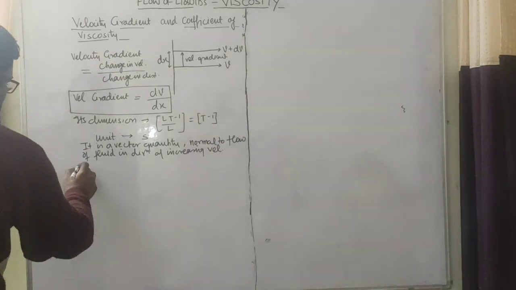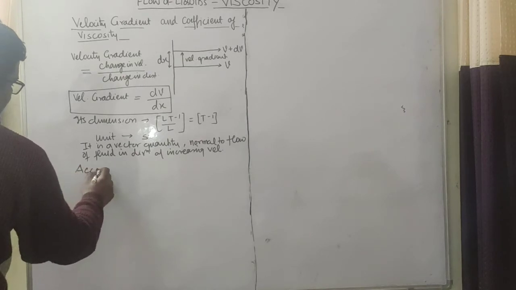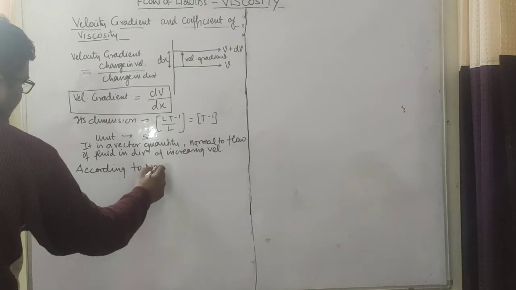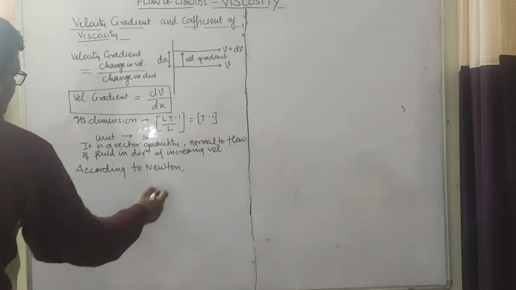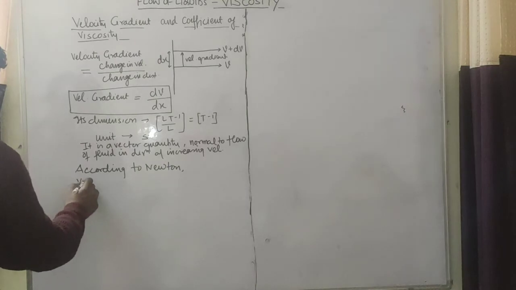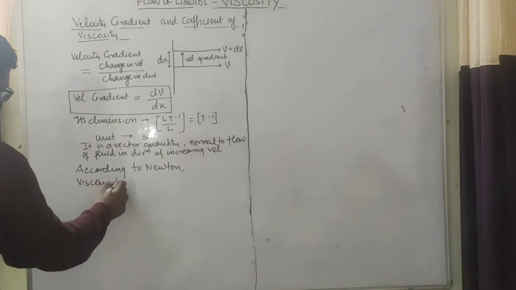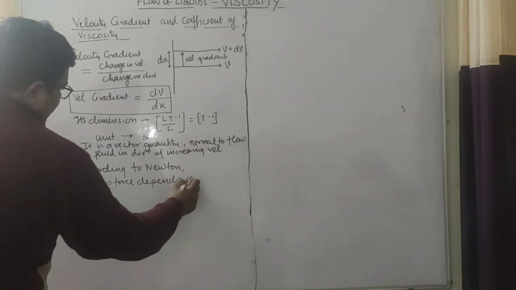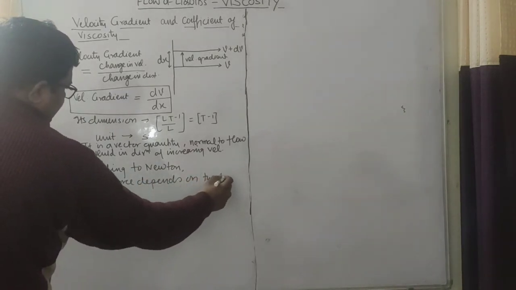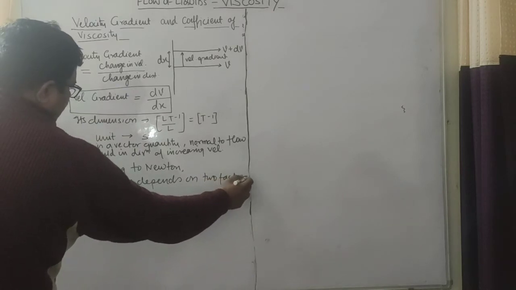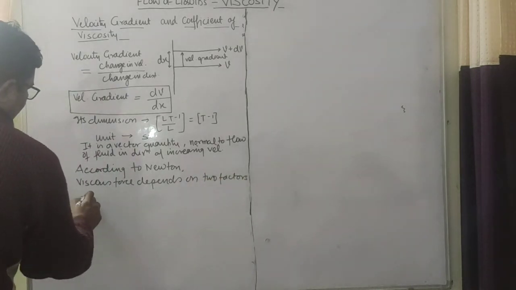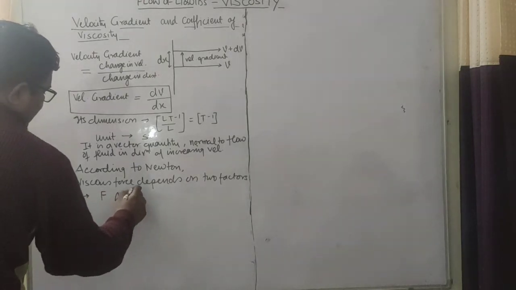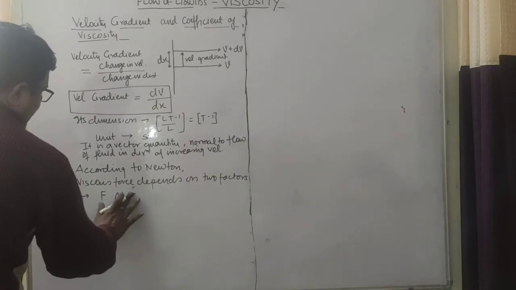So according to Newton, here again Newton explained it. According to Newton, viscous force depends on two factors. First is viscous force is directly proportional to velocity gradient.